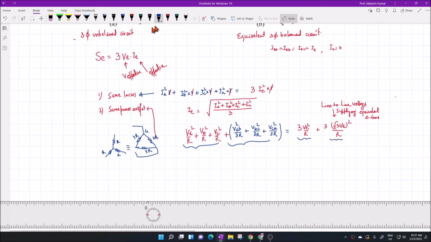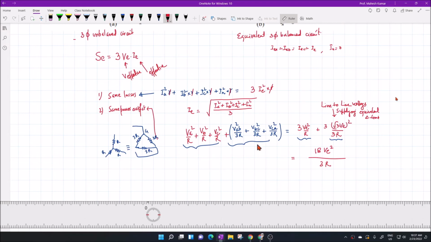So let us simplify this and see what we get. Okay, so this side, this is 3R here because this is delta, so it will be like 3R here. Here you will get 3 into 3, 9, so 9 VE square. Sorry, 18 VE square, not 9, because 9 will come here, 9 will come here. So this becomes 18 VE square.